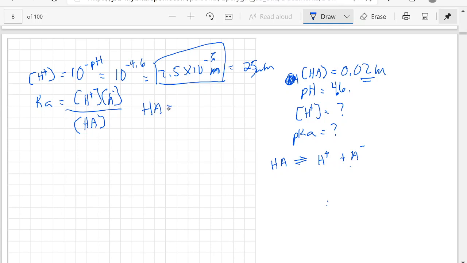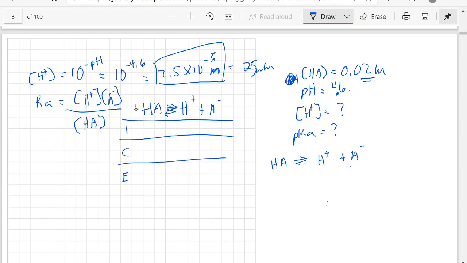So let's say HA is in equilibrium with H plus and A minus. I need to use reversible reaction arrows. And let's make an ICE table. We're going to find our initial, change, and equilibrium. So initially, we know that our HA was 0.02 molar, and we had 0 of this and 0 of this.